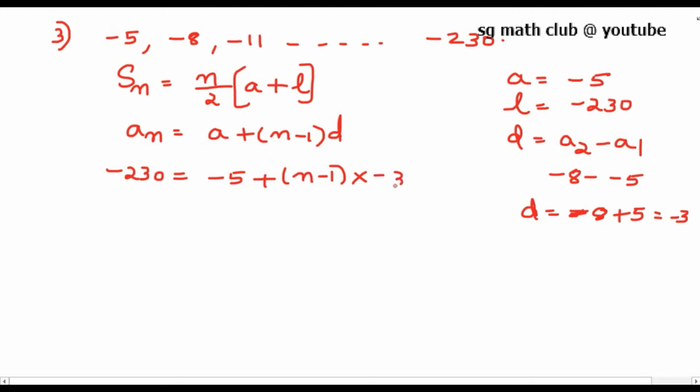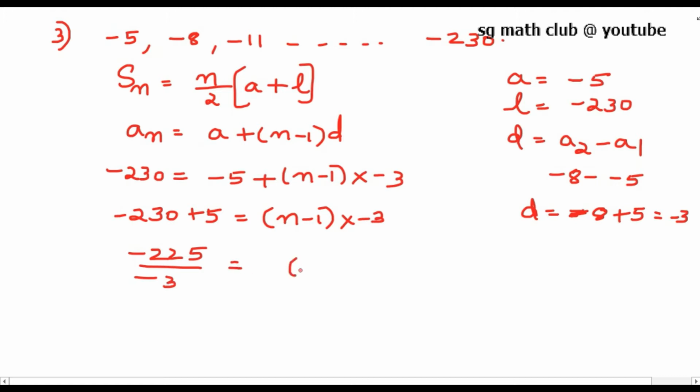So −230 + 5 = (n − 1) × (−3). This is −225 divided by −3 equals n − 1. −225 divided by −3 is 75, so n − 1 = 75. Therefore n is 75 plus 1, 76.